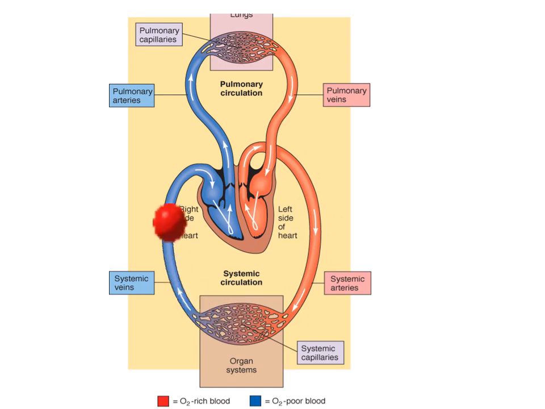Blood is pumped from the left side of the heart to the systemic circulation, to the systemic arteries, then to the capillaries, to the organs of the body, where it becomes deoxygenated and returns by the inferior and superior vena cava to the right side of the heart. The right side of the heart pumps the blood to the lungs to be oxygenated again and returns to the left side of the heart by the pulmonary veins. Then the cycle is repeated, and the left side pumps the blood to the systemic circulation again.